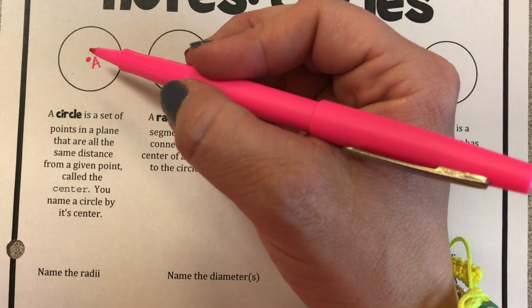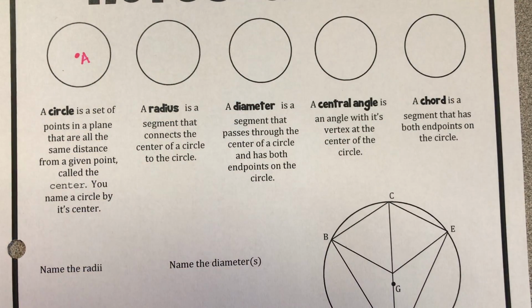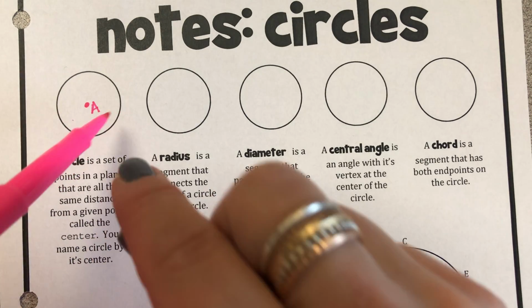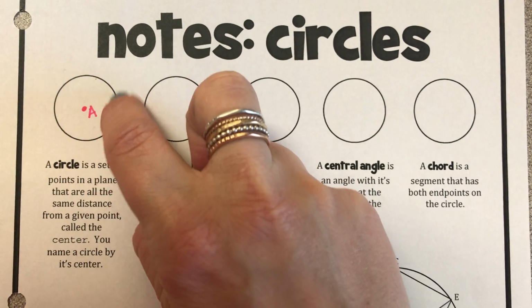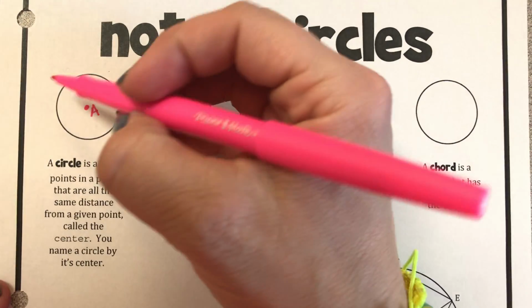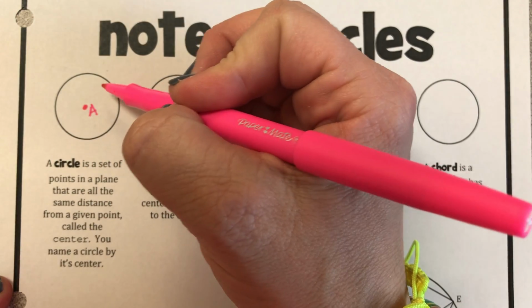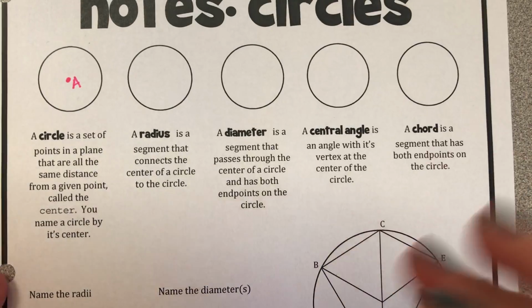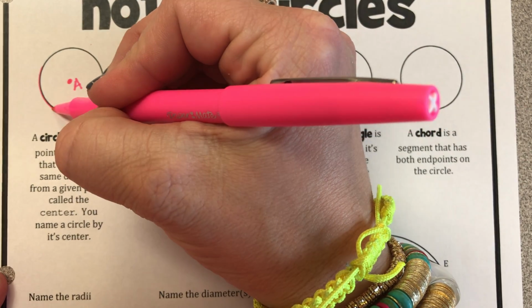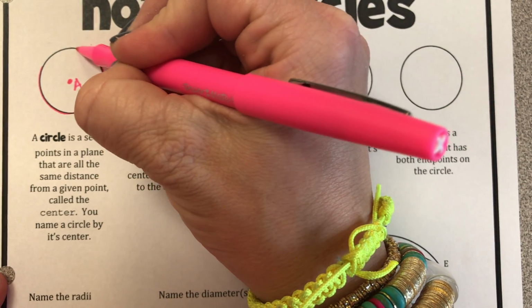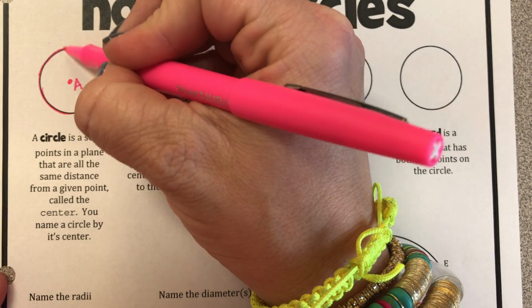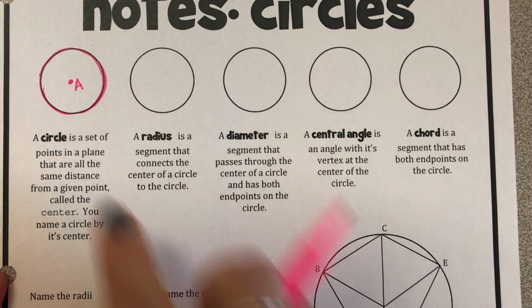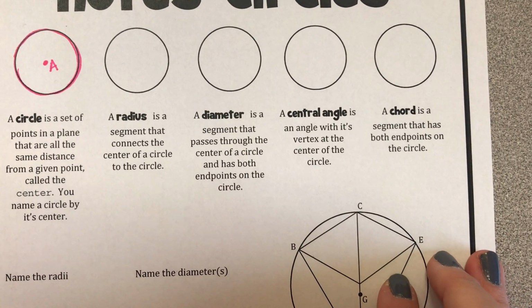If you have ever used a compass where you plop it down and then you put your pencil in it and you spin it around, all the points that you're drawing, an infinite number of little points, are all the same distance from the center. So this is the circle. Okay, a million little points that are all the exact same distance away from the center. So we would call that circle A.